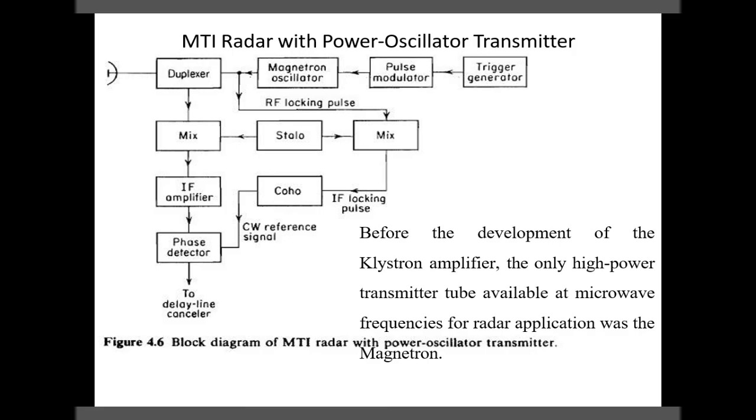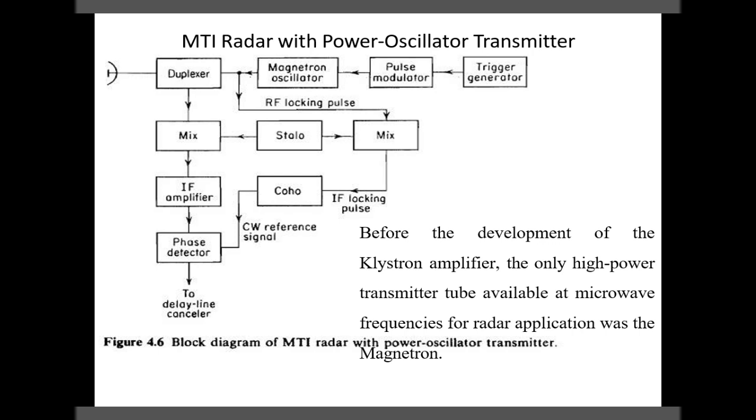Now we will move to the next type of MTI radar, that is MTI radar with a power oscillator transmitter. So here we can see the magnetron oscillator is used. Then the magnetron oscillator is controlled by the pulse modulator and the pulse modulator is controlled by the trigger generator.